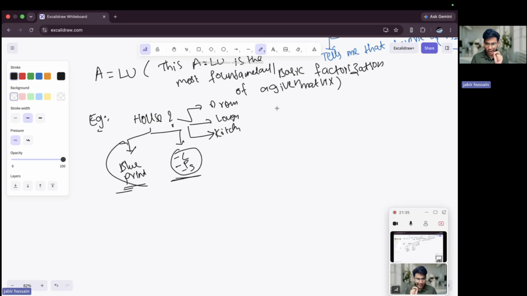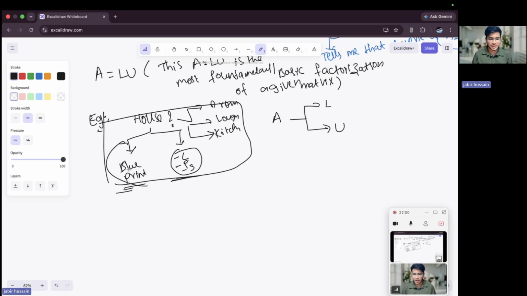Similarly, if you take matrix A, which is a complex matrix, every matrix does not appear in itself. It comes from L, which is the blueprint, and U, which is the result you got after elimination. We did not understand it fully yet, but we understood this analogy.